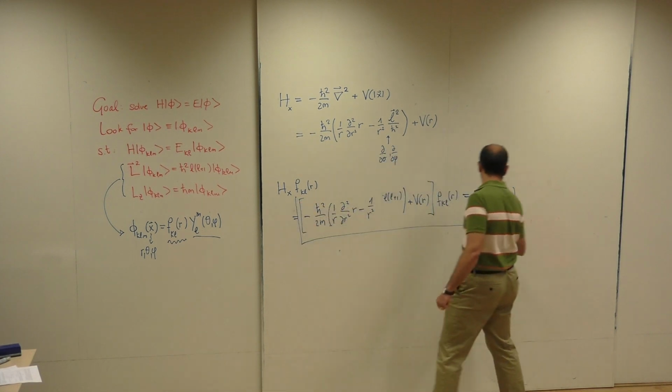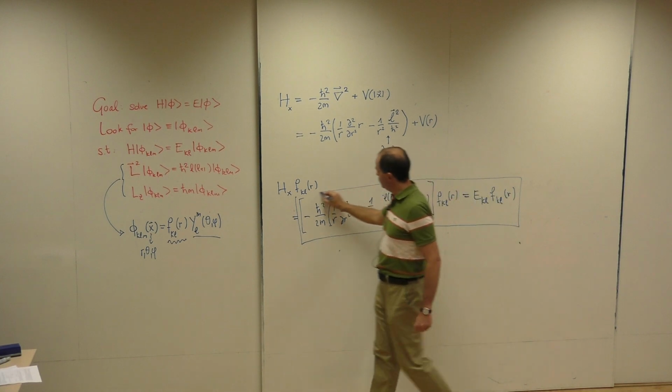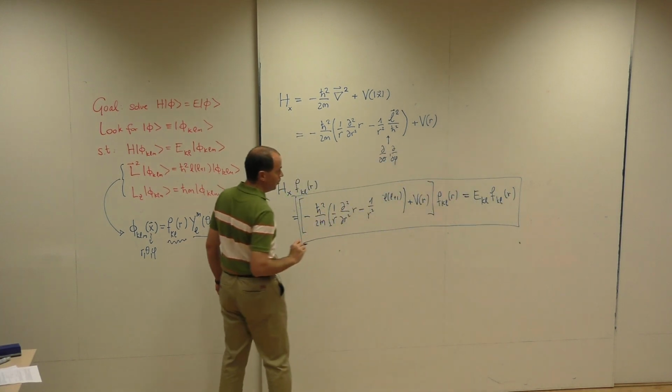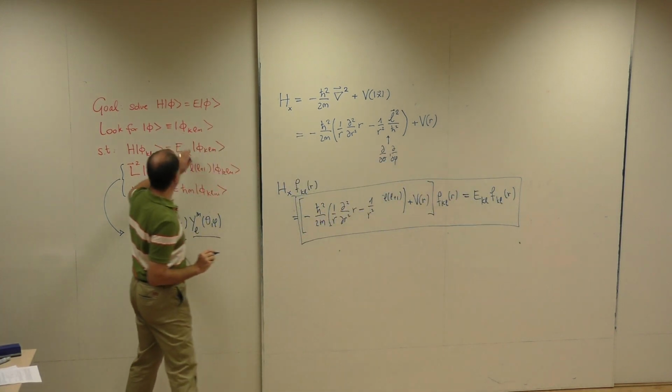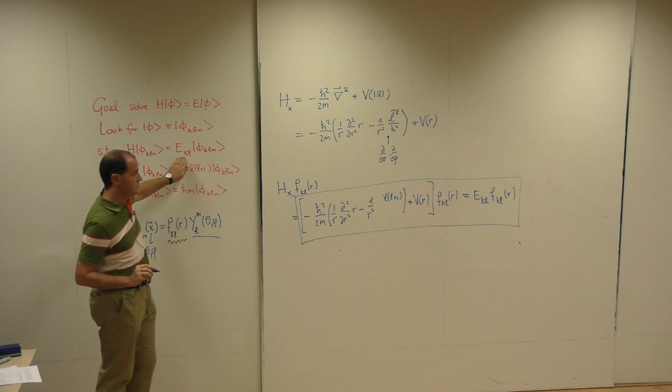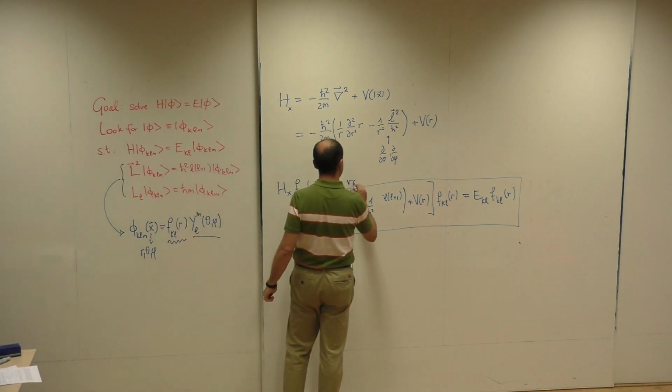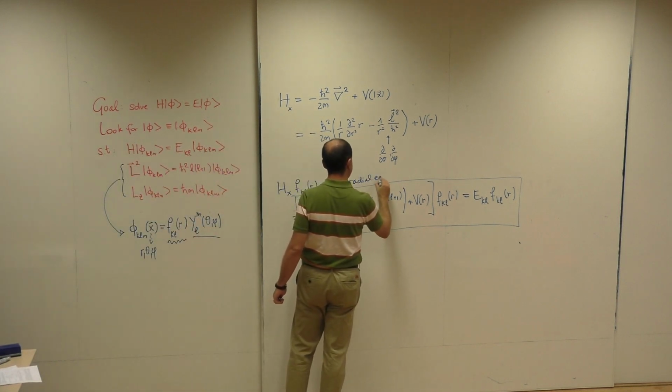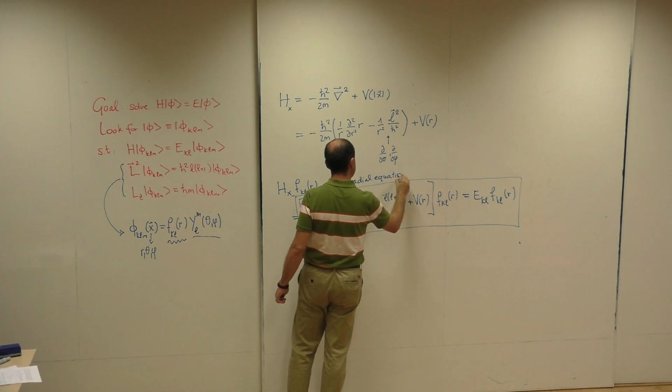This is the famous differential equation to be solved to find the solution to our problem. It depends only on R. It's only a radial equation. This is a radial equation.